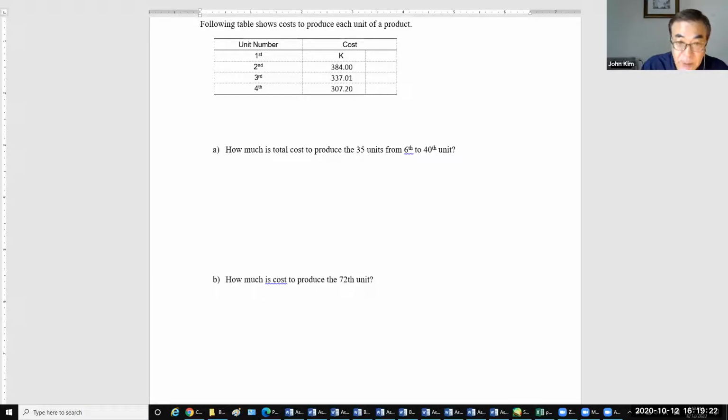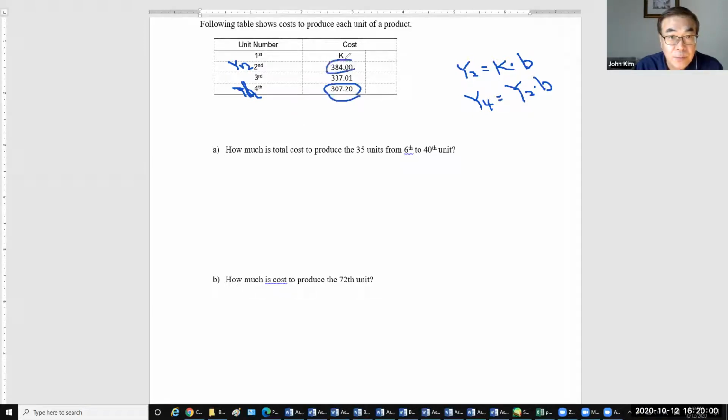That will be y second equals K times B, and then y fourth equals y second times B. Now we know y fourth and y second, this one and this one. So we can get B from this equation.